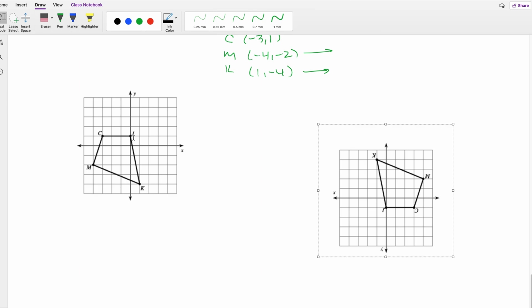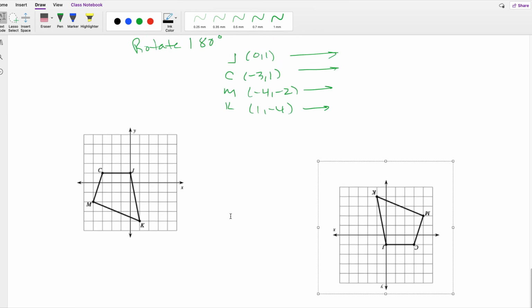So really, to see exactly what happened, I can just identify now the points over here with this as my new y-axis, and this is my new x-axis. So let's start up here. If we look at K, K is negative 1, 1, 2, 3, 4, negative 1, 4.